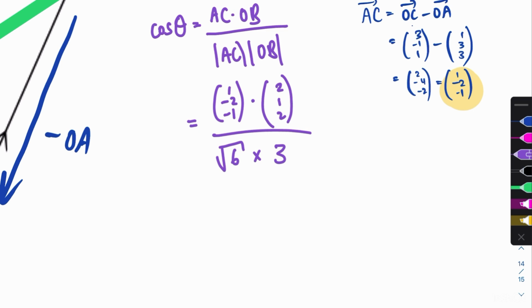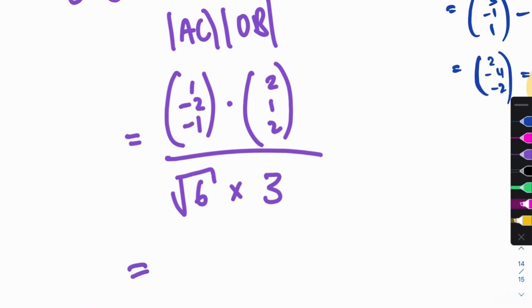Okay. So how do we do the dot product? The dot product is just this times this plus this times this plus this times this. Sorry, my highlight is really big. You probably can't tell what I'm highlighting. Let me make it smaller.